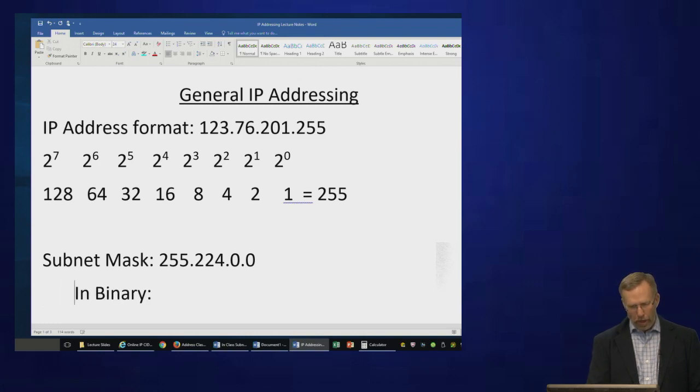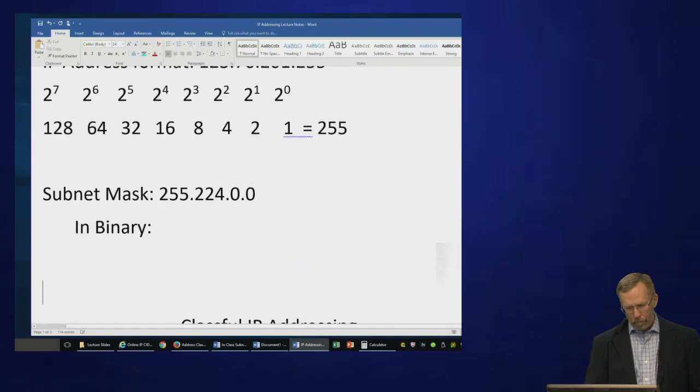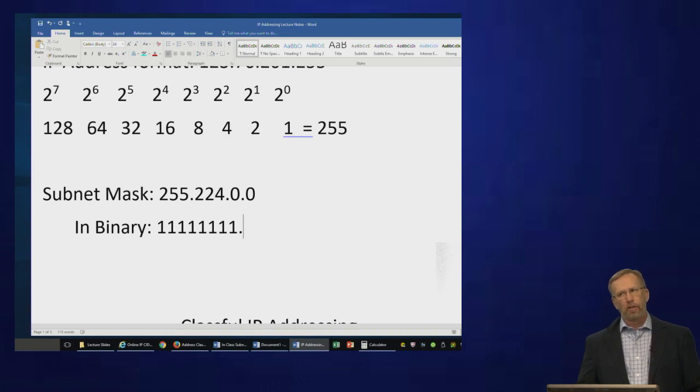So if I do this in binary, this first one is 255, that means it's all ones. So that was easy. The next one is 224, which is 128 plus 64 plus 32. I think that's going to give me 224. You can check my math if you want.